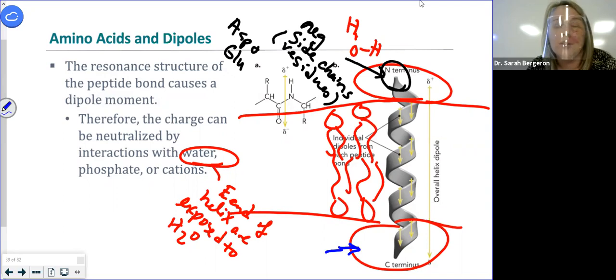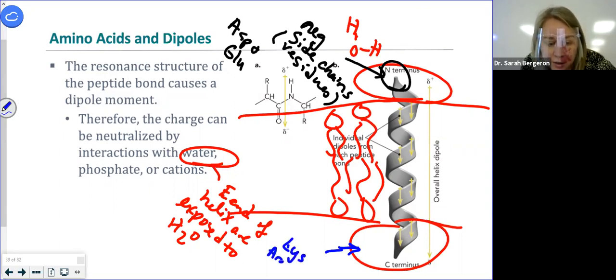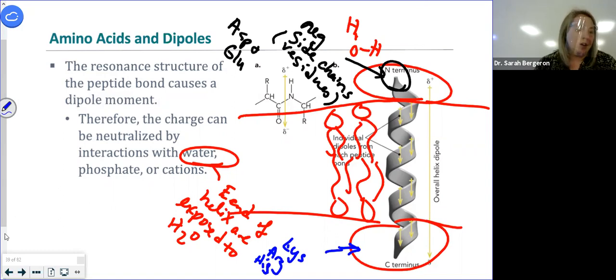What am I going to have for residues? I want lysine. What else? Arginine. What else? Histidine. And hist can go either way, but you could put a hist there. That makes sense? We're just trying to balance that charge out. And there are multiple ways that the cell can do it.